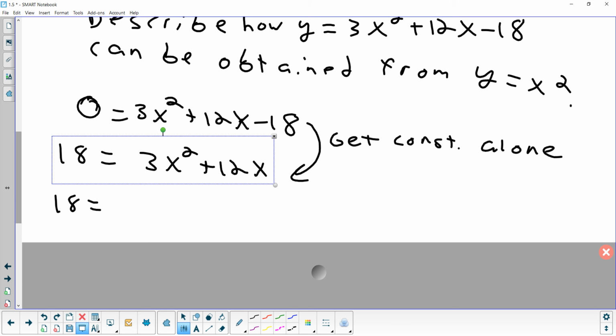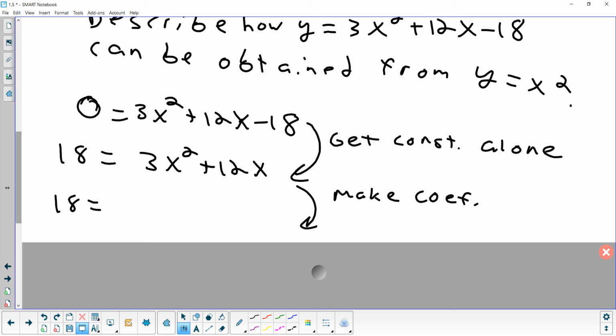If that was an 11, I would still factor a 3 out, because I have to make the coefficient of x squared equal to 1. So then we're going to have 3, and that's going to leave me with x squared plus how much? 4x.